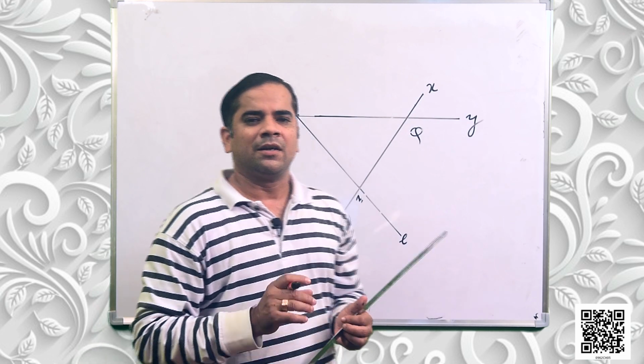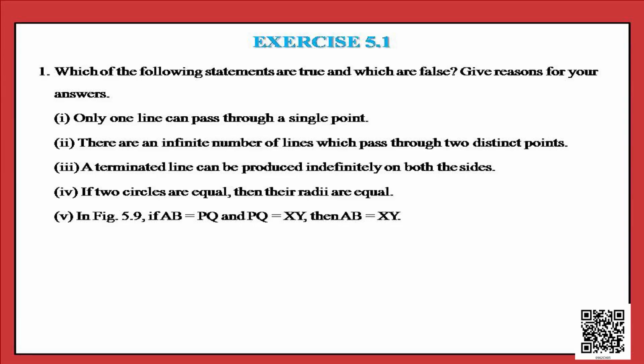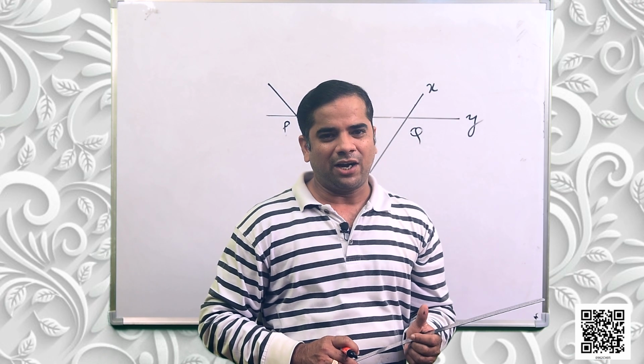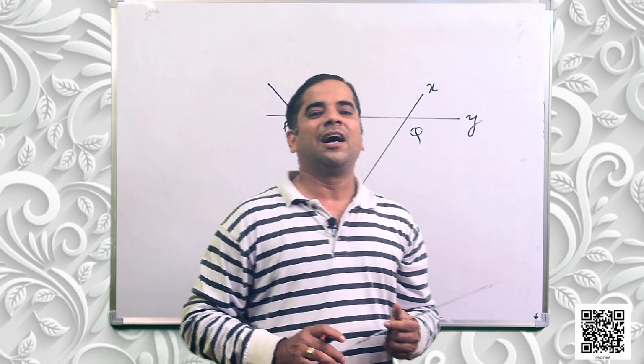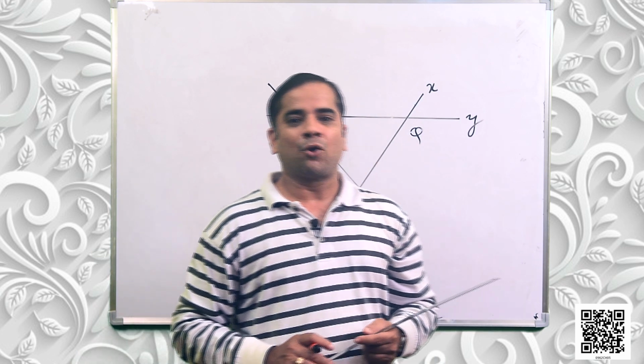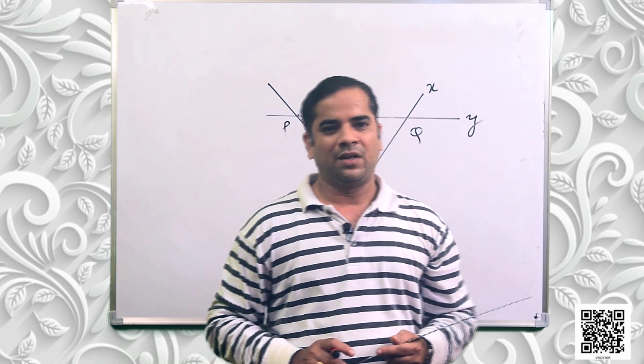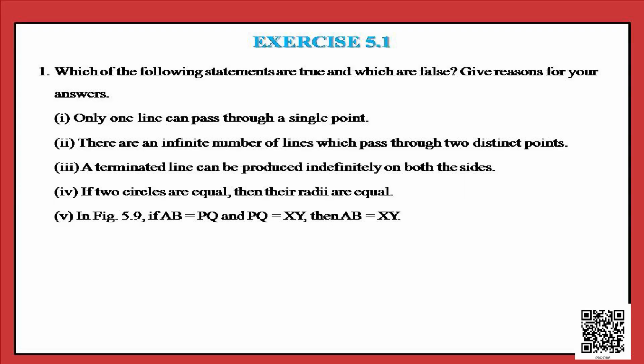Bit 3 says that a terminated line can be produced indefinitely on both the sides. We have already seen in the postulate of Euclid that a line segment can be produced indefinitely on both sides. So this statement is true. Bit 4 says that if two circles are equal, then their radii are equal.